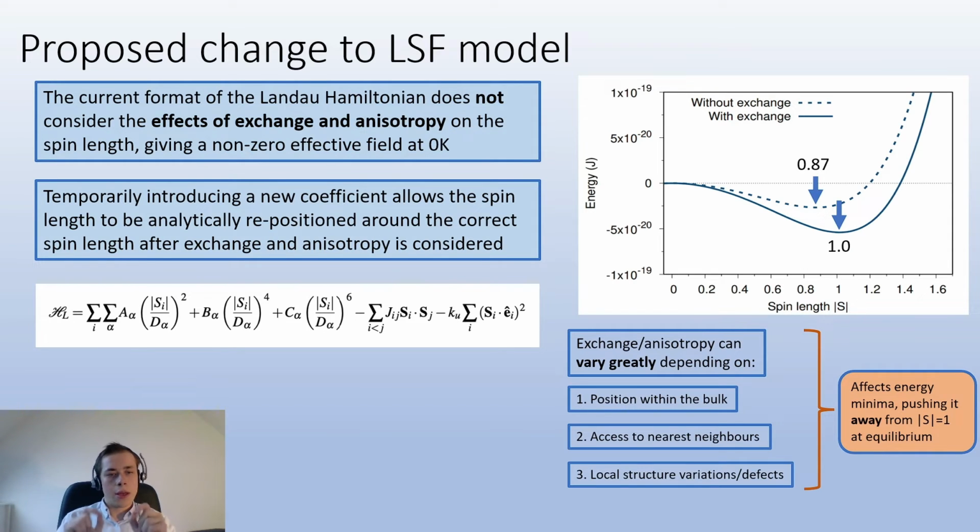If the deviation of the spin length is, for example, 1.1, meaning that my magnetization at equilibrium would also be 1.1, which obviously is not quite physical, what we would then do is simply introduce a D coefficient, which shifts this curve back to exactly 1, and then you would embed the effects of that D coefficient into a new set of A, B, and C coefficients.